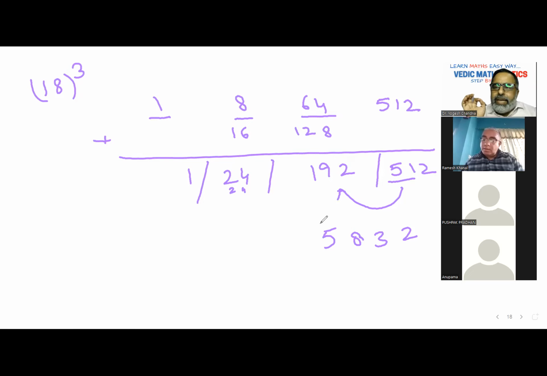See how simply, what was 18 into 18, we can never remember. We'll always calculate. Twice we do multiplication, thrice we'll do, then we'll do addition. Then whatever is the answer, we again multiply 2 times, and then again we add. So 6 calculations we used to do.